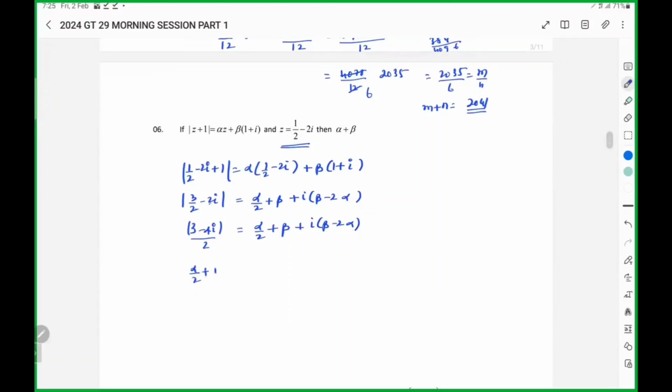Alpha by 2 plus beta is 5 by 2. Beta minus 2 alpha, there is no imaginary part. If I compare, 5 alpha by 2, alpha is 1. This implies beta is 2. So alpha plus beta is 3.